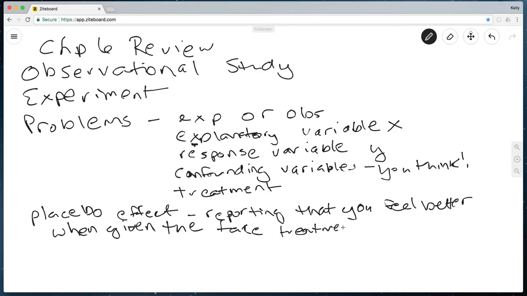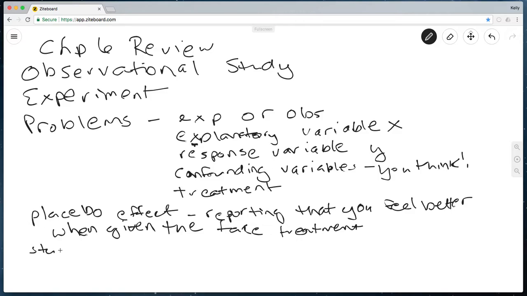You don't know that you've been given the fake treatment, obviously, because if you knew, you wouldn't say you're feeling better. But you've gotten this medicine and you think you're feeling better, or you report that you're having fewer headaches, or you've lost weight, or whatever the issue is that you were tested. The placebo effect means that something has changed, not that you were just given a fake treatment.